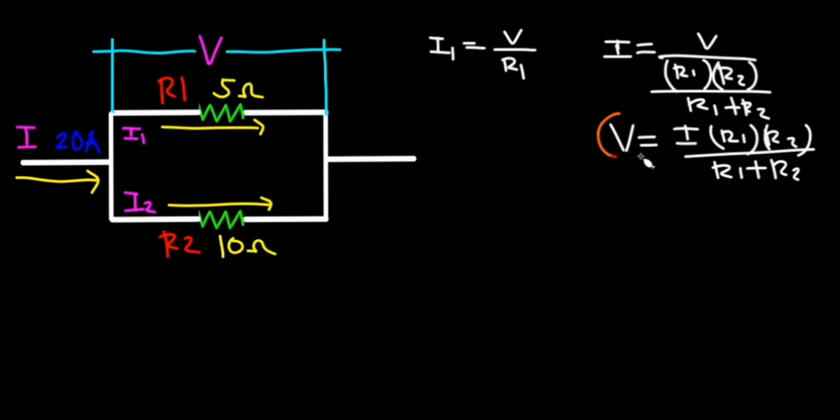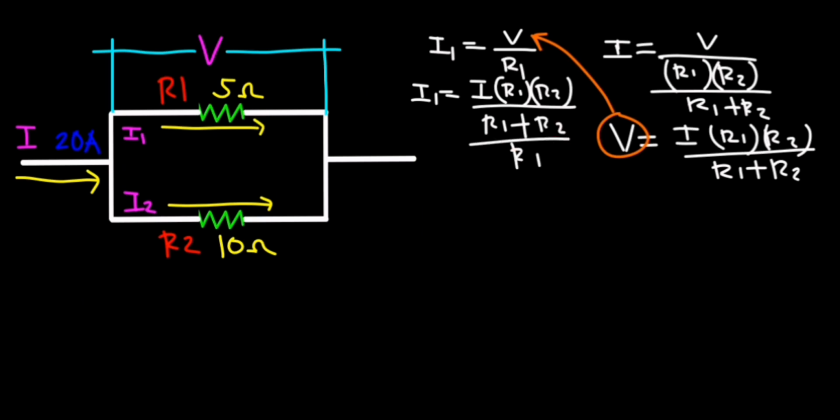Then substitute it in the formula I1 is equal to V over R1. So here, R1 will be cancelled out. So I1 is equal to I total times R2 all over R1 plus R2.